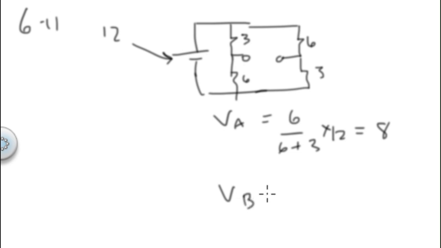And V at B is equal to 3 over 6 plus 3 times 12, or 4. So VA minus VB is equal to 8 minus 4, or 4.